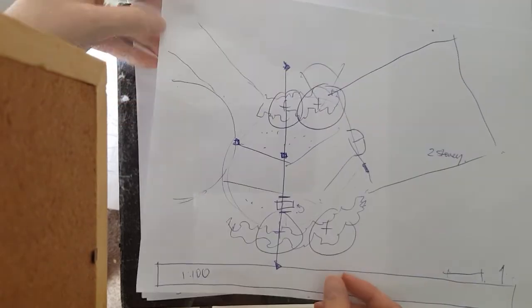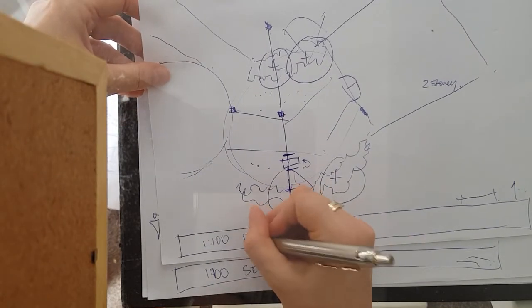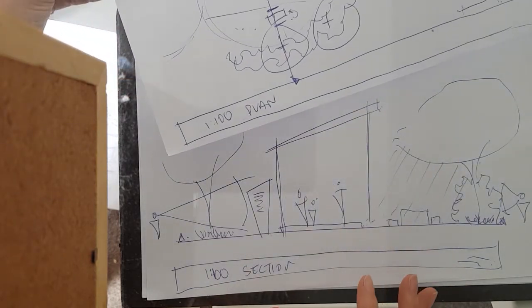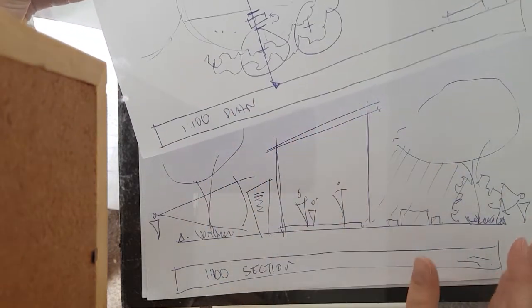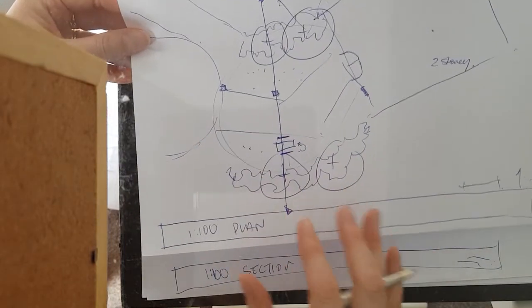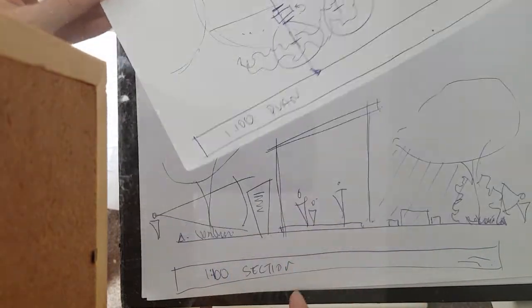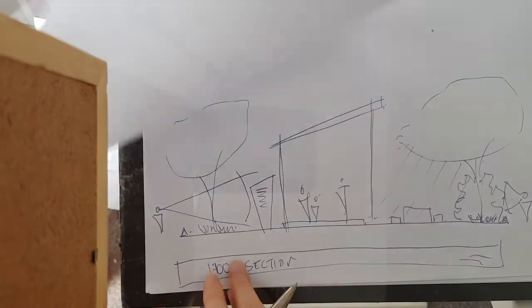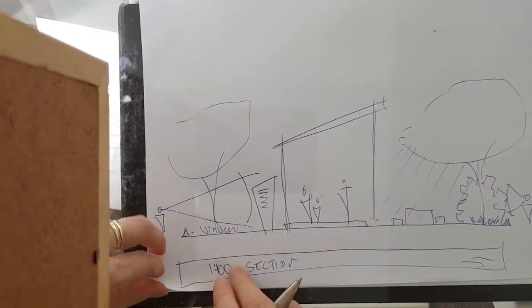So these 2 pages are probably your key components of your work with regards to where your marking sits, where your design has been translated from all of your background information. Okay, so that's your 1 to 100 plan and your 1 to 100 section.